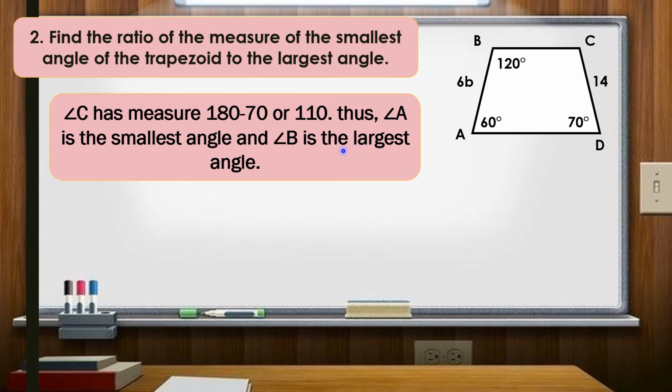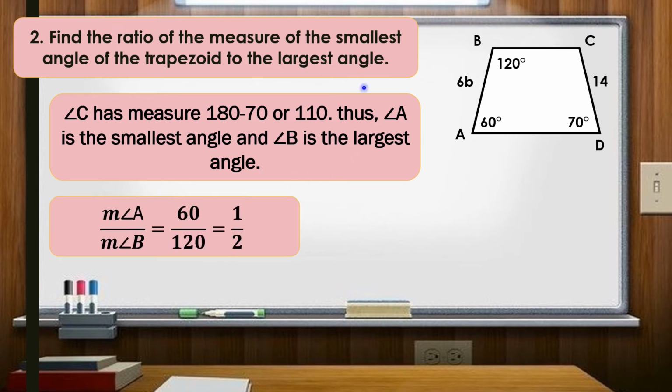Therefore angle C is the largest angle and the smallest is 60. So the measure of angle A is 60 and the measure of angle B is 120. Therefore, they are the smallest and the largest. To get the answer, you must simplify to the lowest terms 60 over 120.